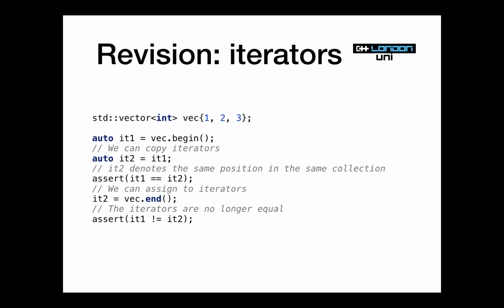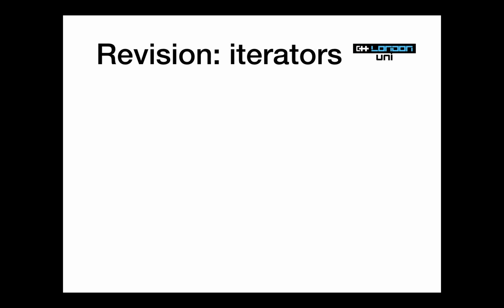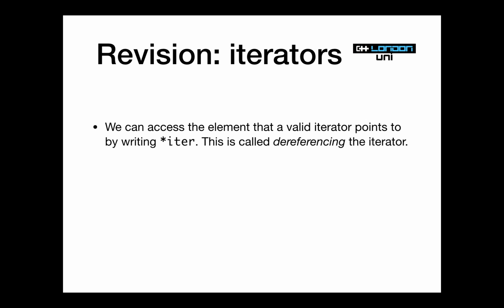But how would you change values through an iterator otherwise pointing to a specific position in a container? It's a good thing you asked that, and we'll get onto that right now, in fact. We can access the elements that an iterator points to by writing a star, an asterisk, followed by the name of the iterator, star iter.